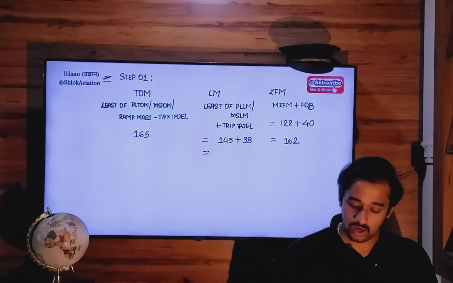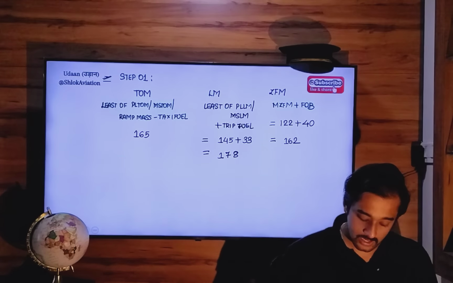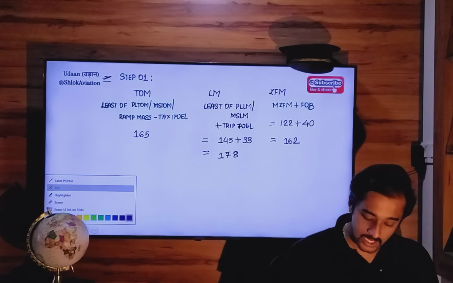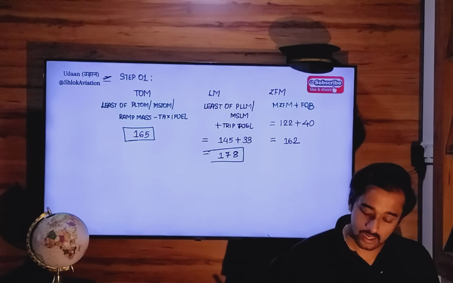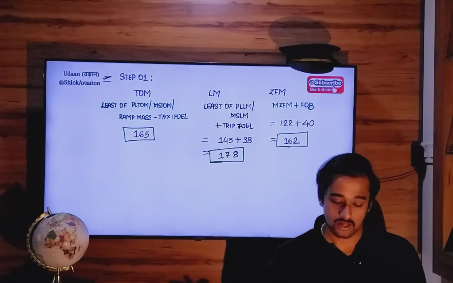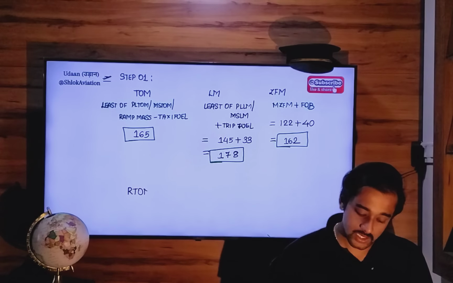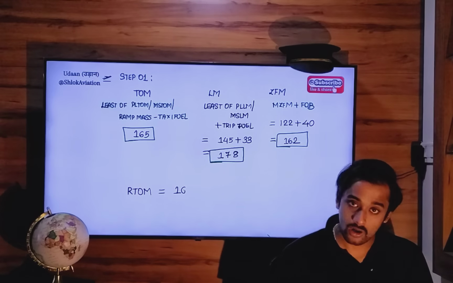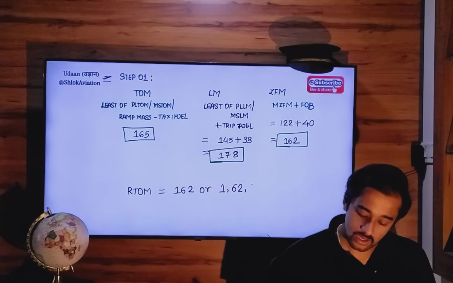And landing mass 178. So we have three possible takeoff values: 165, 178 and 162. Select that value which is the least among them, and that value is 162 or 162,000 kg.